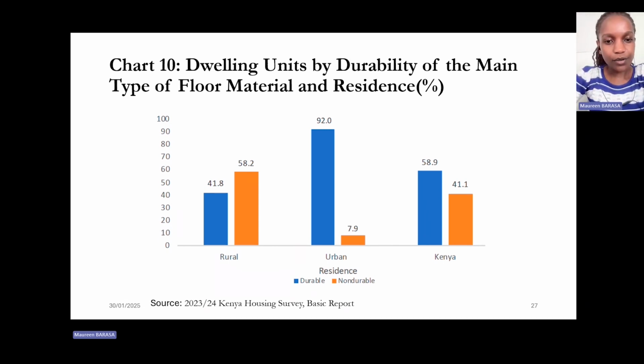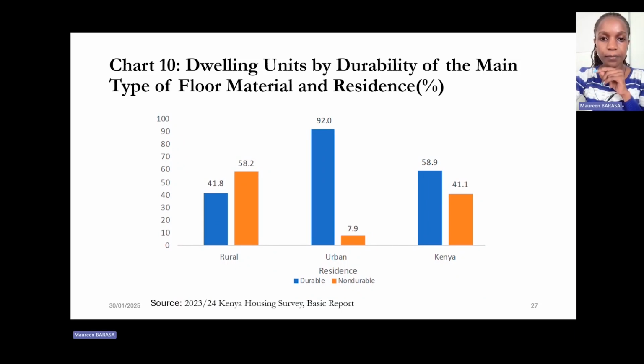So for the rural areas, the most dominant type of floor material was non-durable. That might be earth, cow dung. And in urban areas, the most dominant floor material was durable materials. And for the whole country, it was durable material.